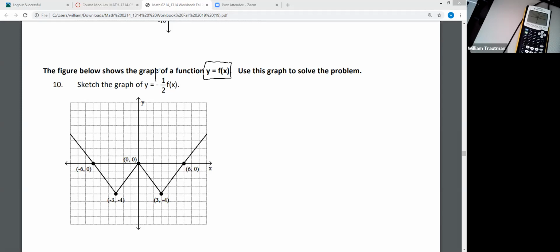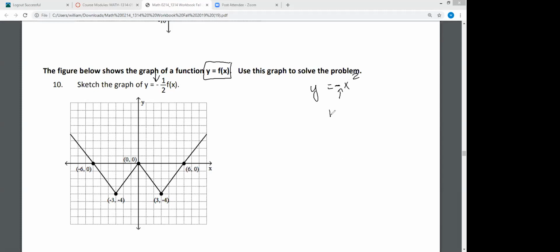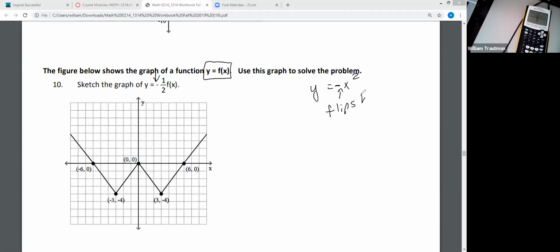What does a negative in front of the function do? Y equals, let's say we have x squared. What does a negative in front of the function do? It flips it horizontally.